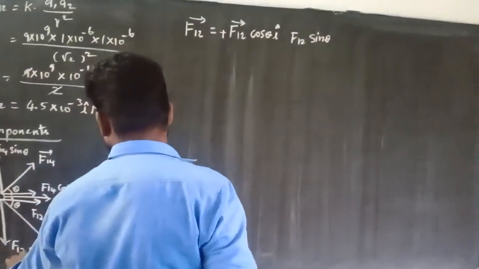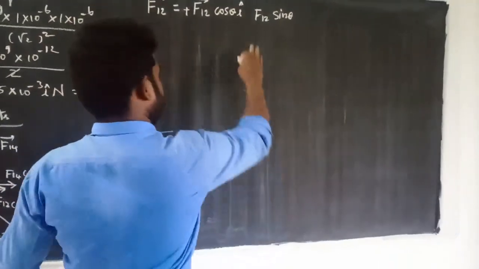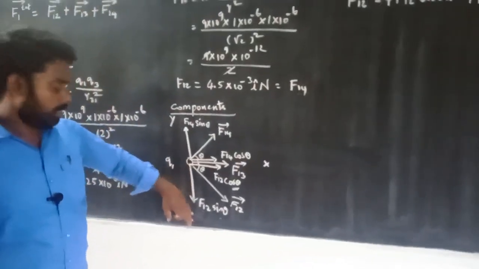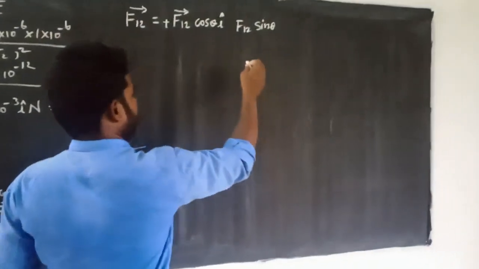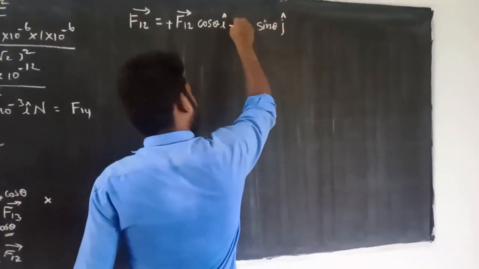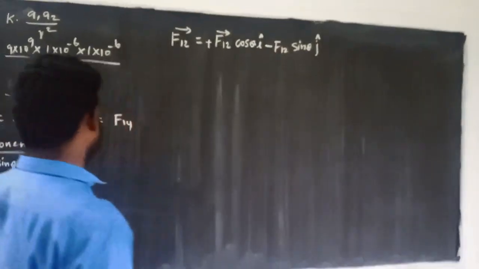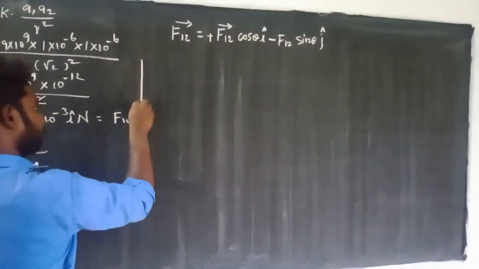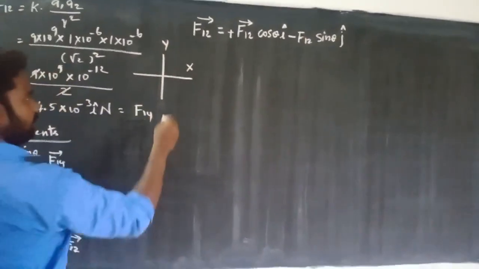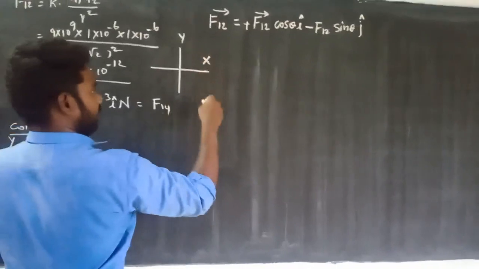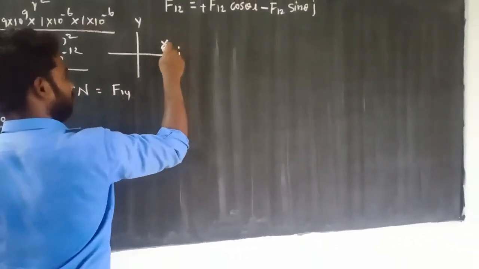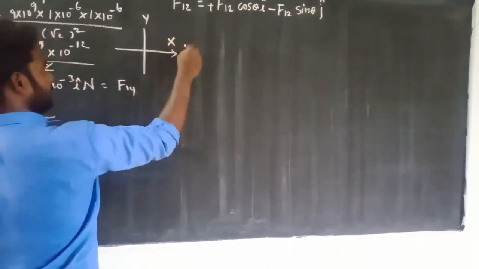Then here F12 sin theta is in the negative y direction. So minus j cap will be taken because you know that this is x axis and this is y axis. If the component is taken in the positive x direction, then the unit vector will be plus I cap.